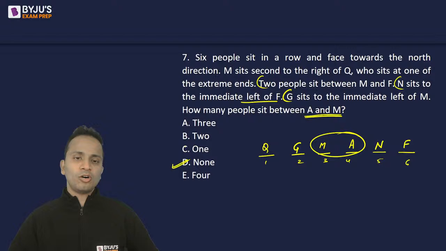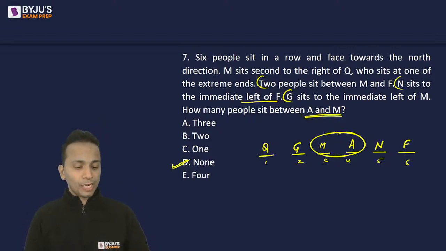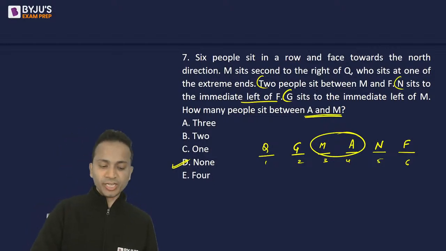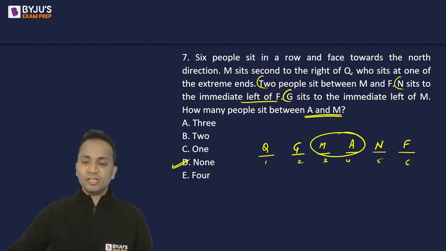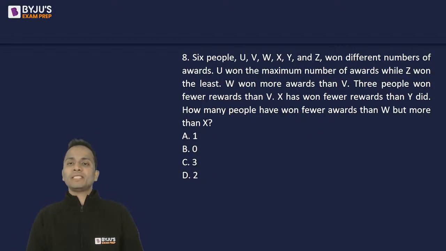So none of these people will sit between A and M. So correct answer is option D. Oh, lovely. So a lot of you have given correct answer. Vikram, Shraddha, Ashmita, GB Blogs, Shubhangi, Isha, Ravina, and Abhishek, and Meera as well. Lovely, all of you. So that was question number 7. Let's move on to question number 8.